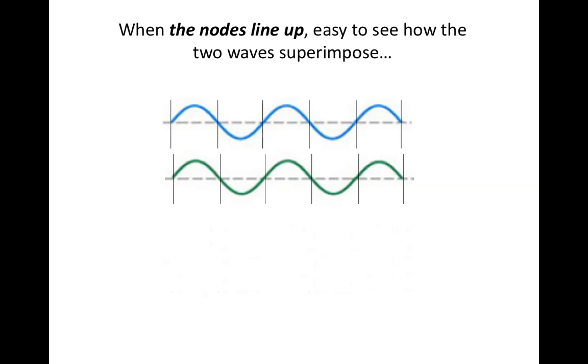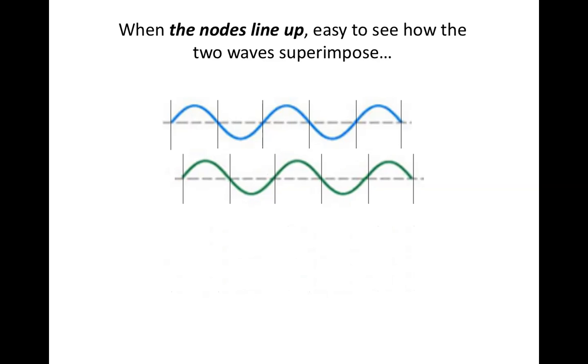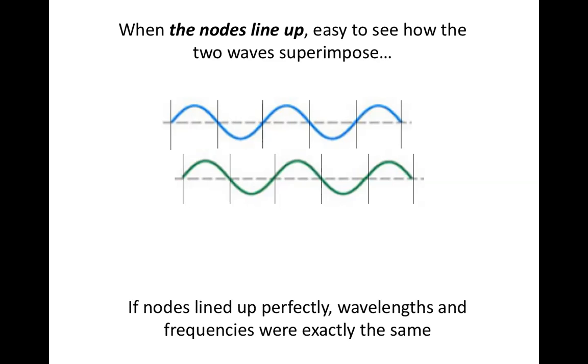However, what happens if we have a phase shift that is not half a wavelength, or if the 2 frequencies were slightly different? Then we do not have the nodes lining up, and seeing how they superimpose is a little bit more complicated.